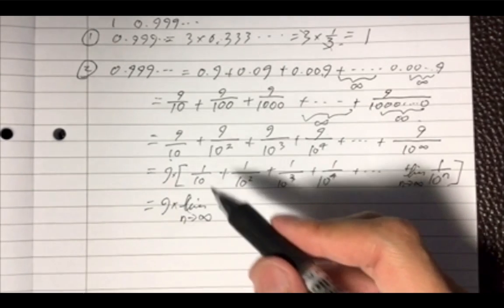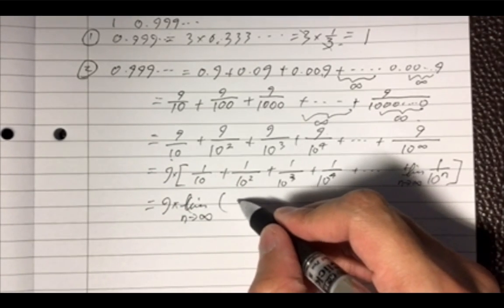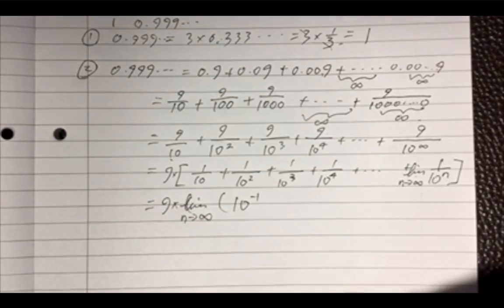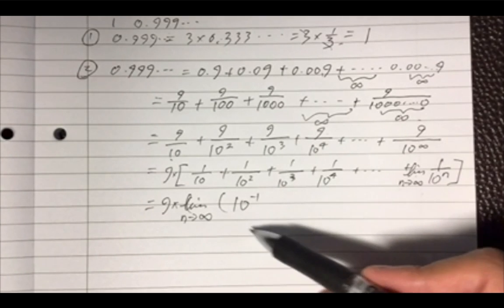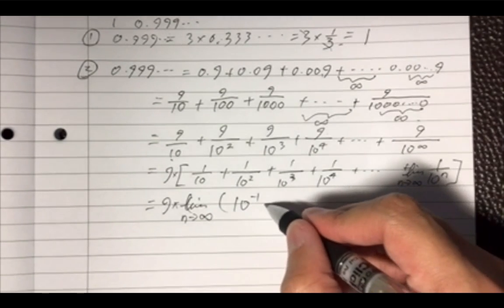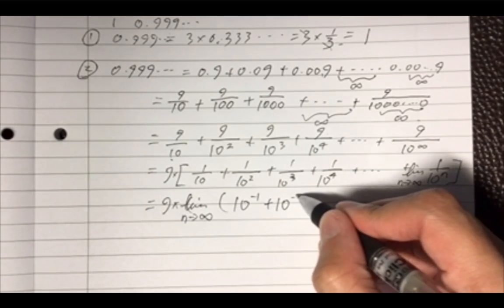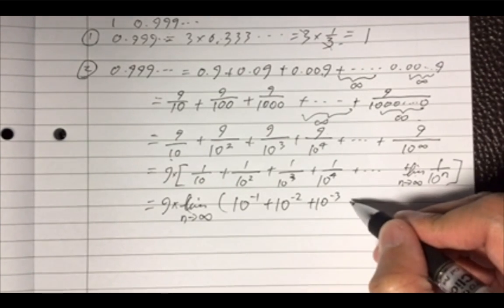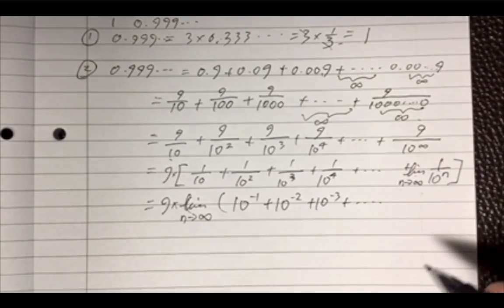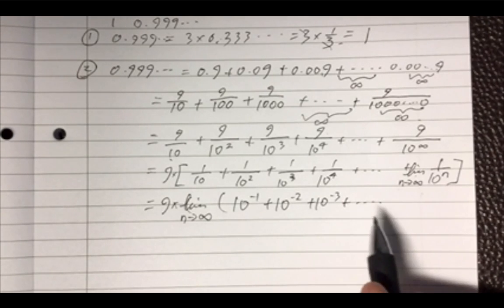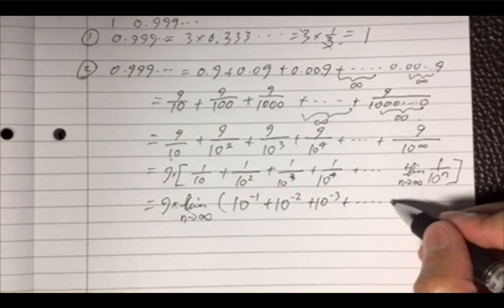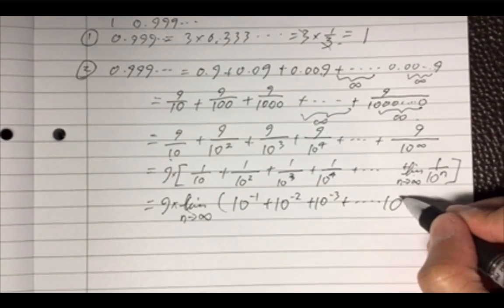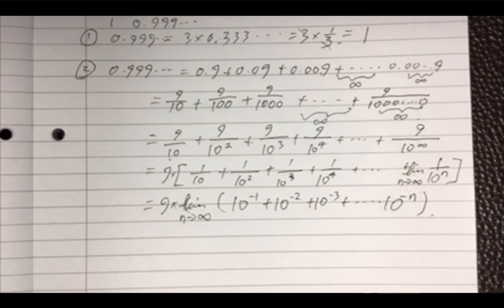So the first term will be 10 to the power of -1, right? 1 over 10 is 10 to the power of -1. The second term is 10 to the power of -2, and 10 to the power of -3, and dot dot dot. I don't know how many terms it has. So the last term will be 10 to the power of -n.